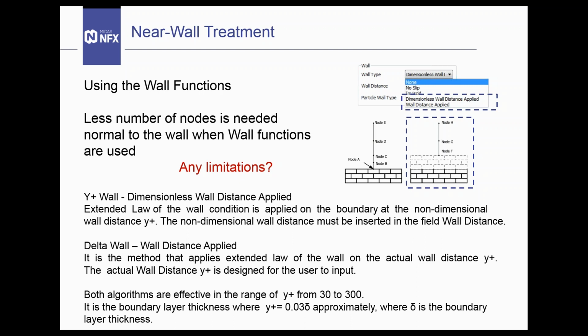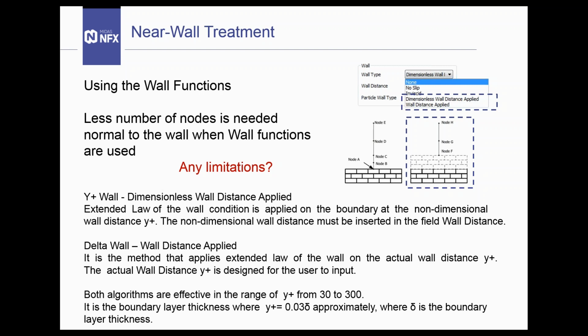And as I told you, even if we select the right wall approach, we still need to take into account that this law of the wall cannot model boundary layer turbulence properly. So sometimes we have to ensure some additional effects like friction, for example, heat transfer or separation.